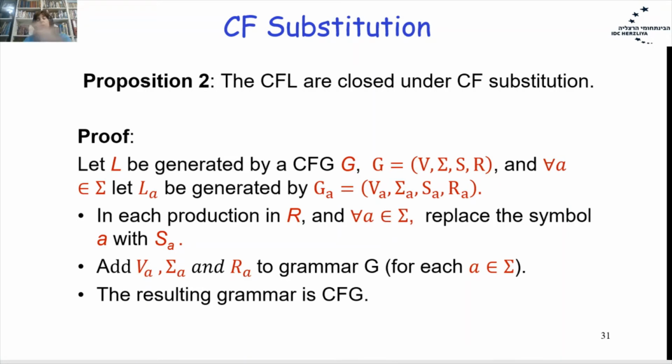In each production rule R of the original grammar, each time we meet the symbol A, we will replace the symbol A with SA, the starting symbol of the new grammar GA. And we will do it for each letter of the alphabet. We will add VA, sigma A, and RA to the original grammar, and we will unite all the variables, terminals, and rules. The resulting grammar in any way is a context-free grammar.